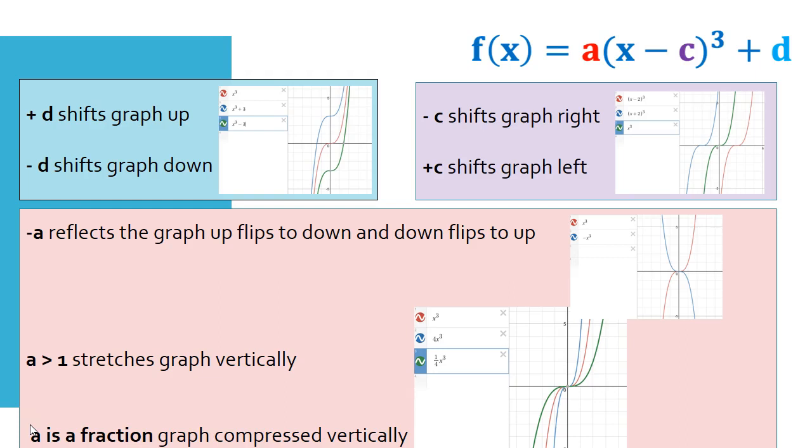Now, if the absolute value of A is a fraction or a decimal between 0 and 1, like 2/3 or 0.527, then it is a vertical compression. So now make sure you pause and take great notes on this.